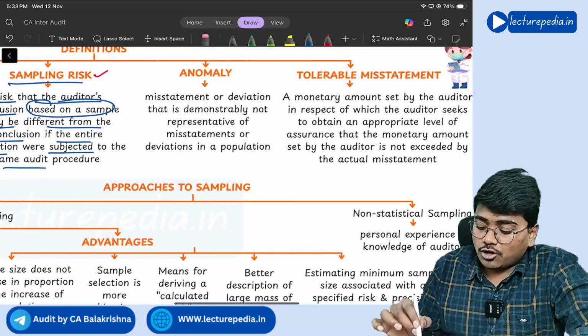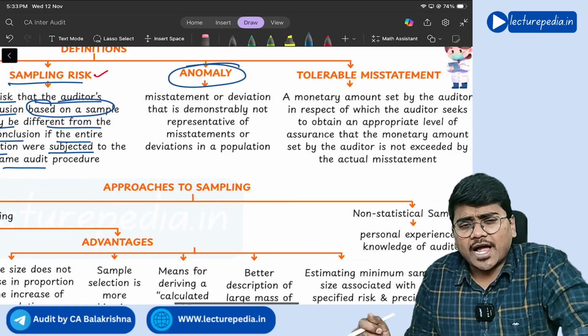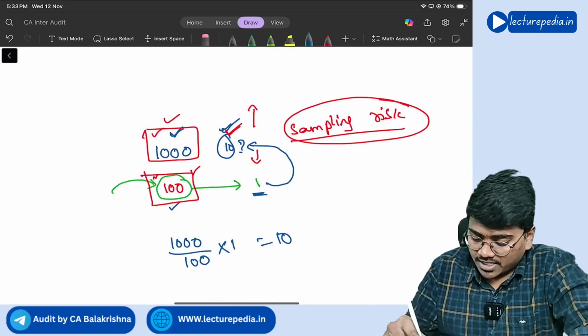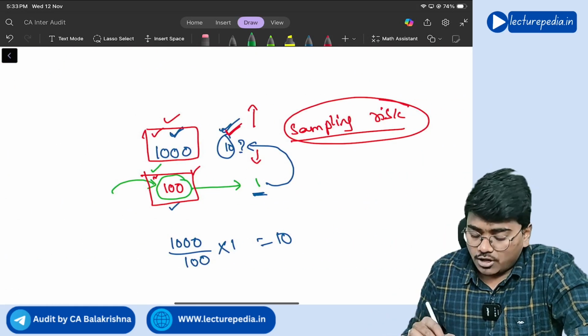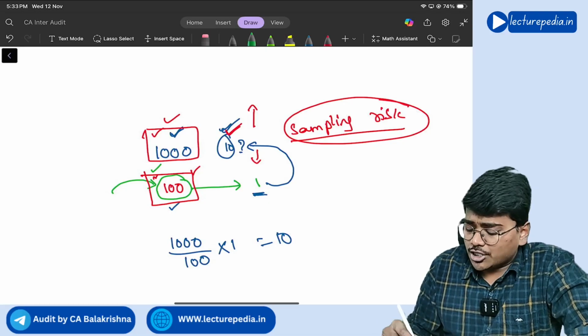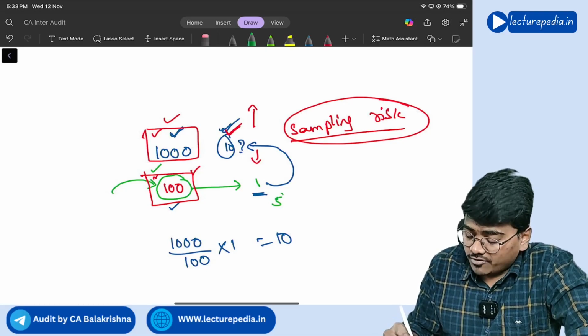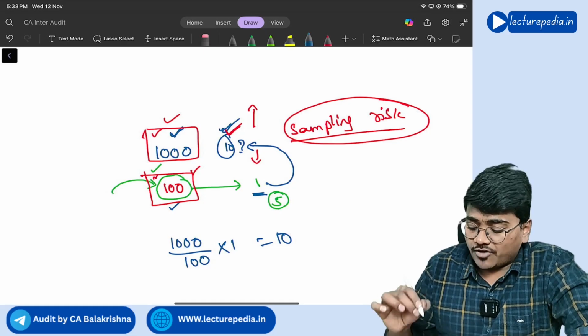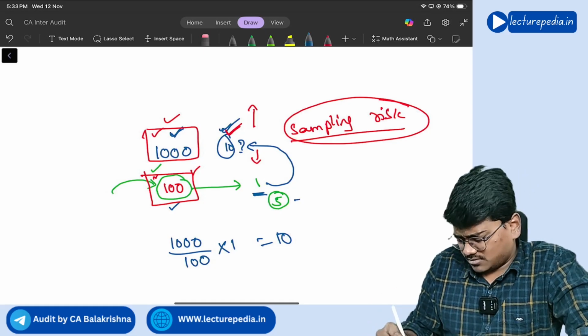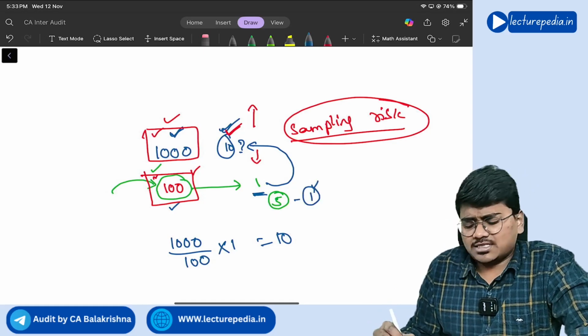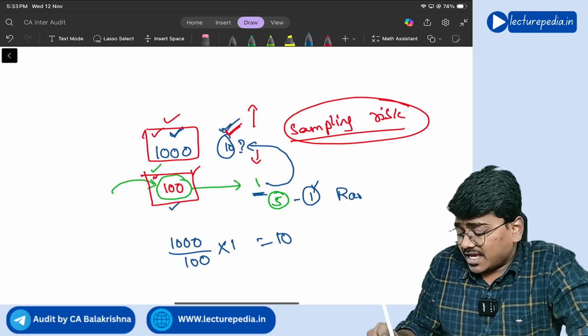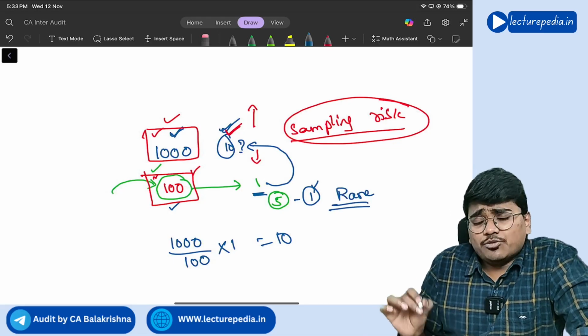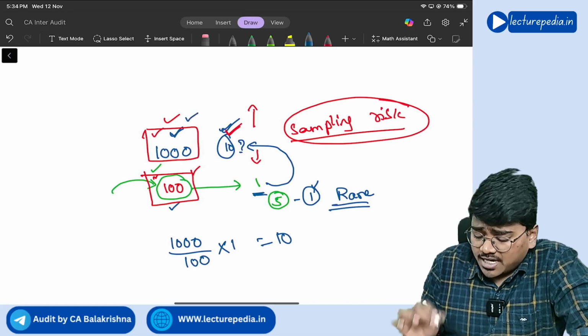Next, anomaly. What is meant by anomaly? Let's say for example, in this sample of 100, you have found five misstatements. Of these five misstatements, one misstatement is such that it is very rare, it will not be there in the entire population.